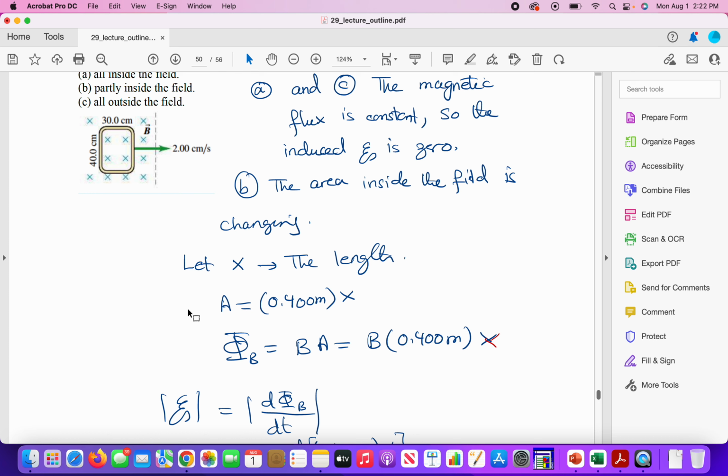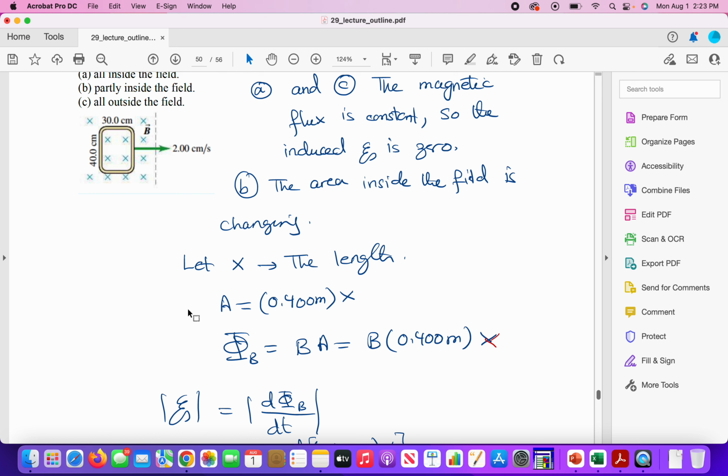The flux is going to be B times A, because it is perpendicular, which means the angle between the vector A and the magnetic field is 0 or 180, it depends.